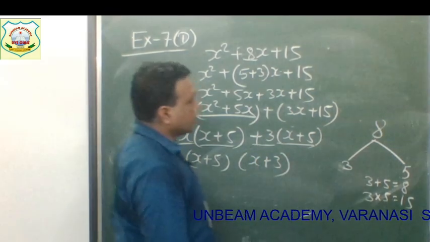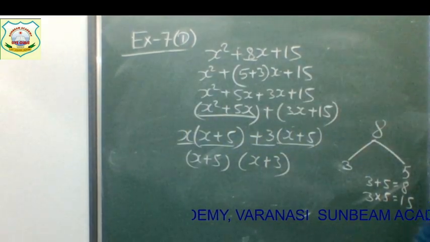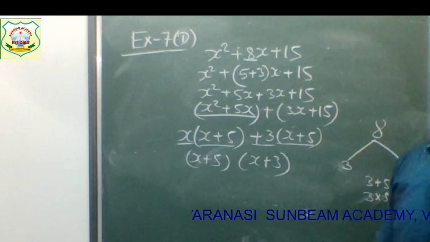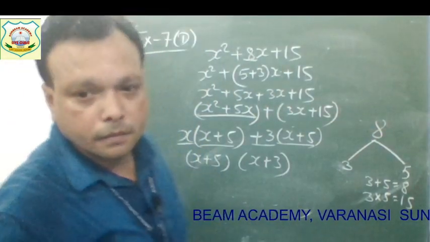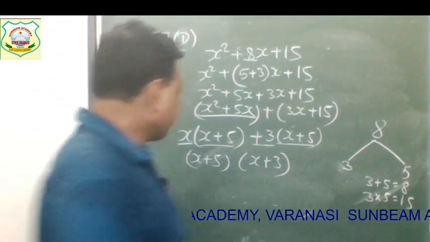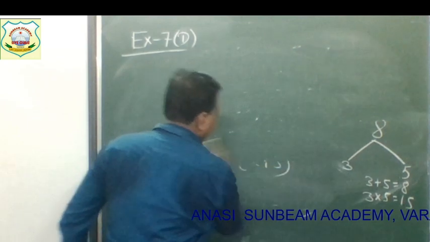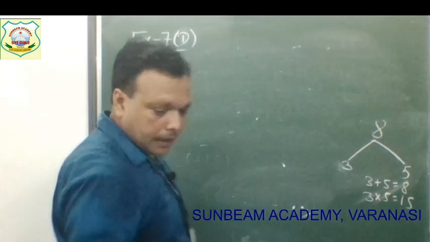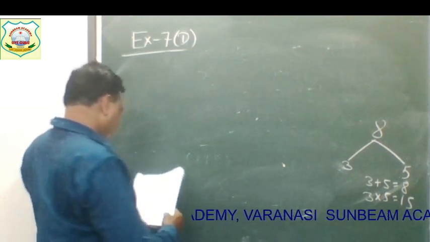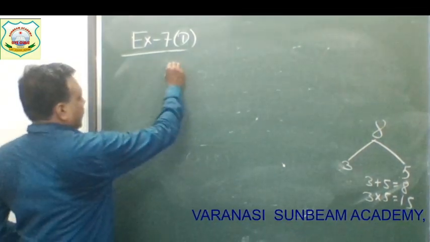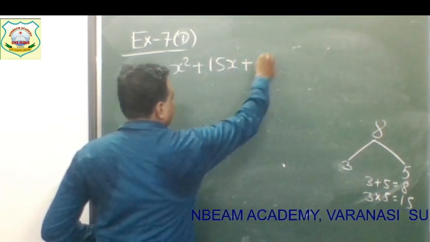Now we will see another example. Maybe you understood, but I am telling you one more example, students. In your book the next example is x square plus 15x plus 56.